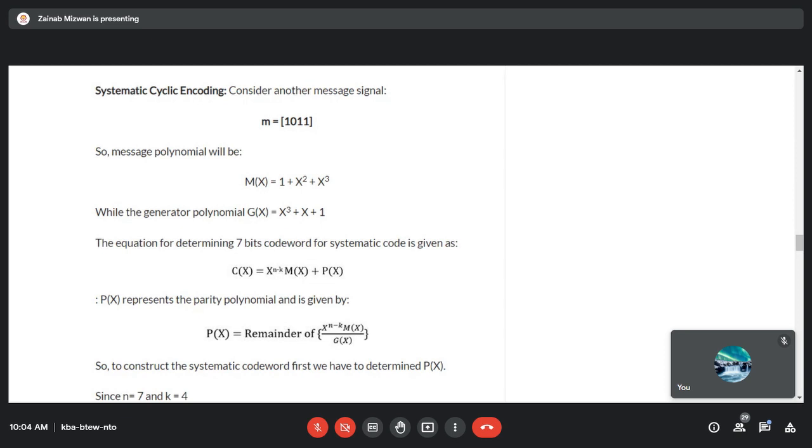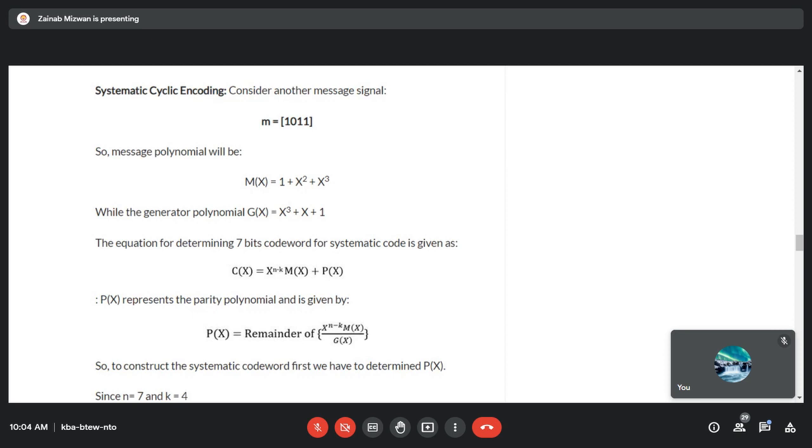Sorry, you write this x as the capital X, x raised to n minus k. So the first step is multiply message polynomial m of x by x raised to n minus k. So this is the encoding procedure of generating the systematic cyclic code over here. So the first thing is multiply the message polynomial by x raised to n minus k.